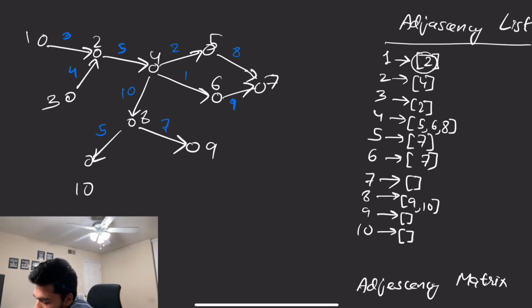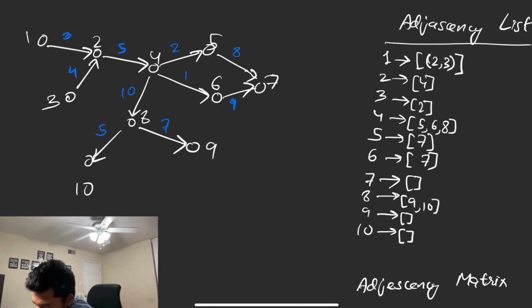But here, instead of just putting a two, you would put a pair, a tuple, saying 2 comma 3. So the first element in the tuple is the city index, and the second element is the weight of the edge.